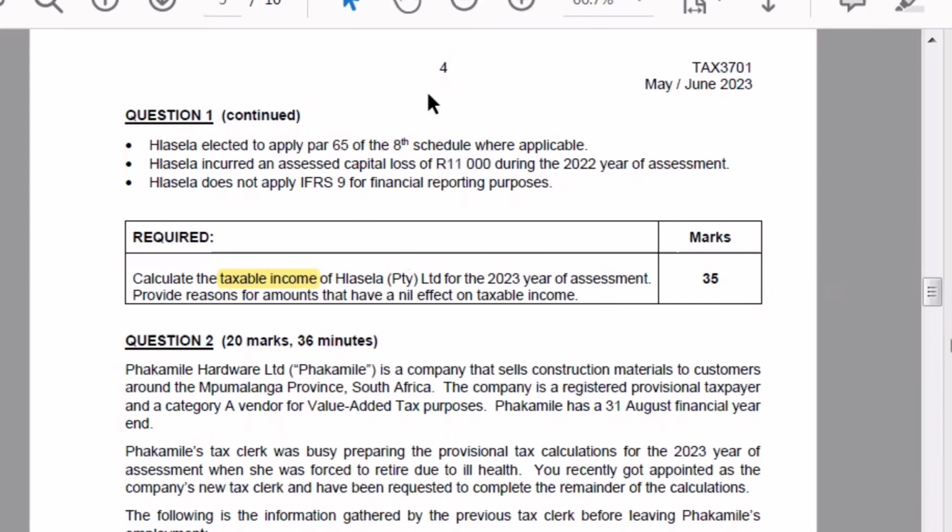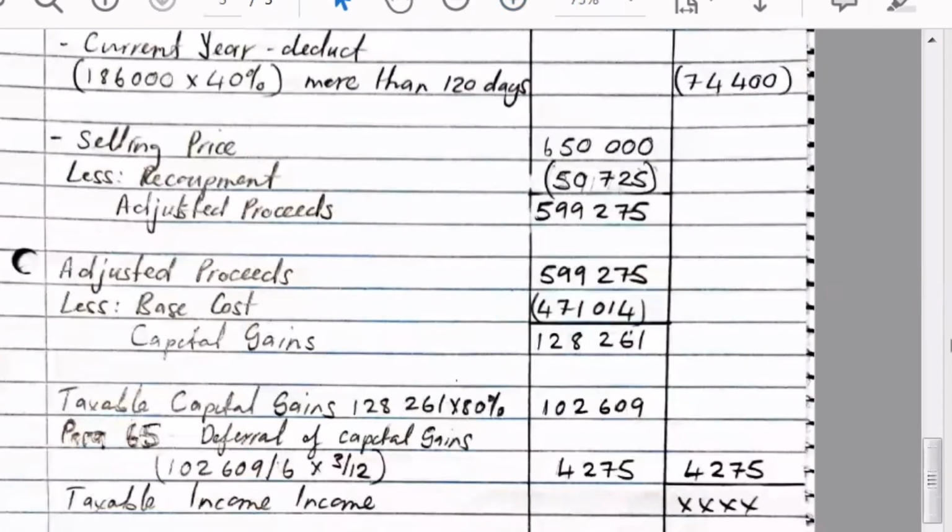So normally with this one, how would you have dealt with that? You would have come here and said capital gains, less capital loss of how much? 11,000.